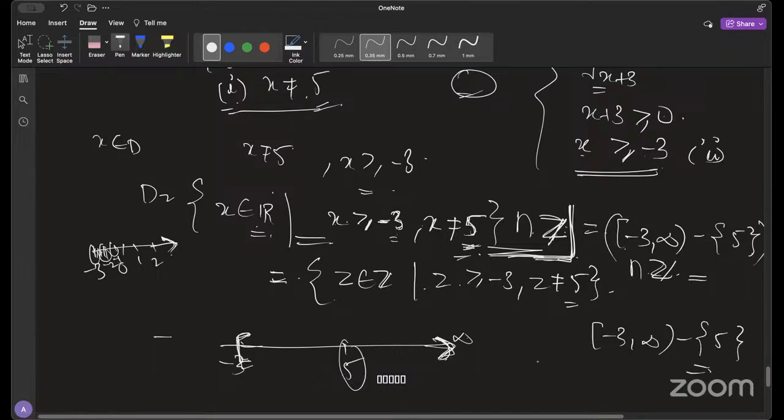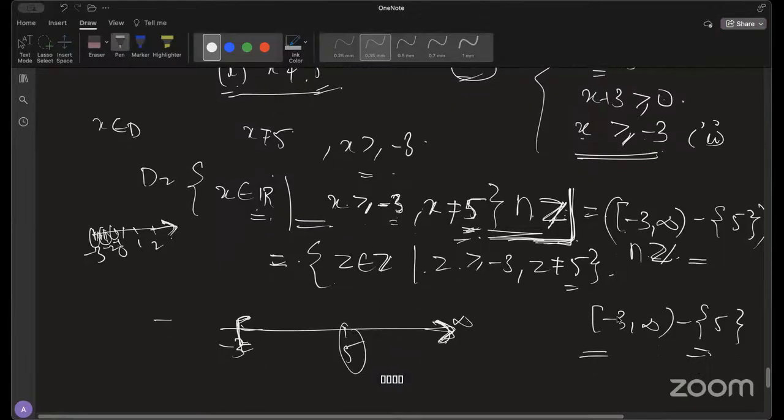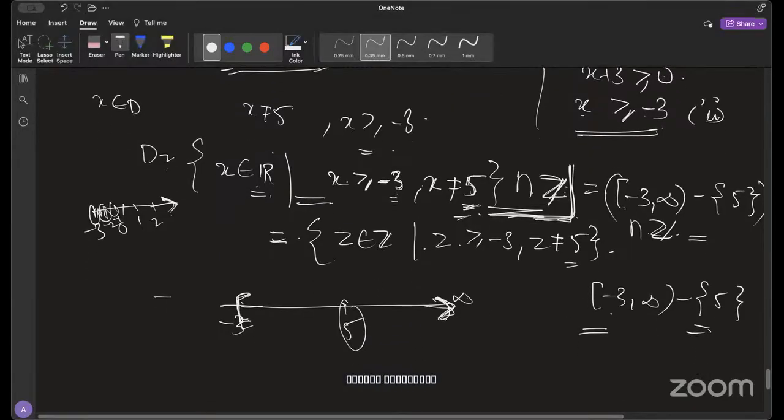What part are you not clear with? Ma'am, when do we exactly use the closed interval? Closed interval we use when we want to include the endpoint. So if you're doing this thing, that means A is included. If you're doing this thing, that means A is excluded from the interval.